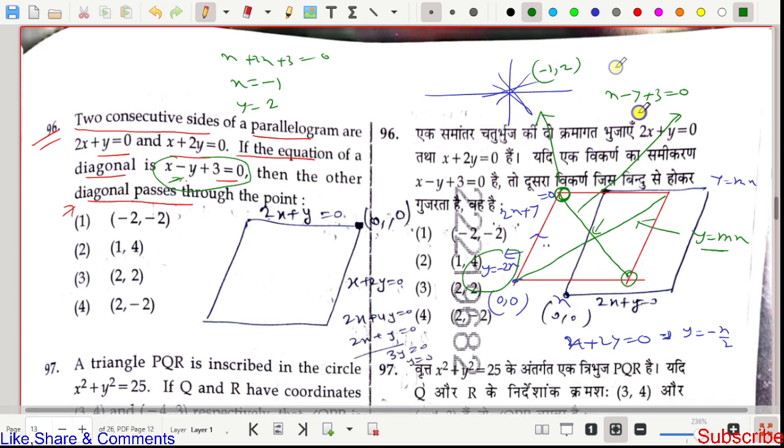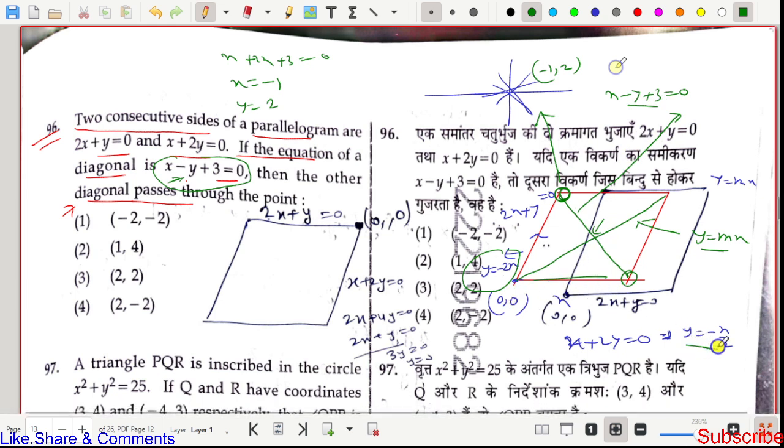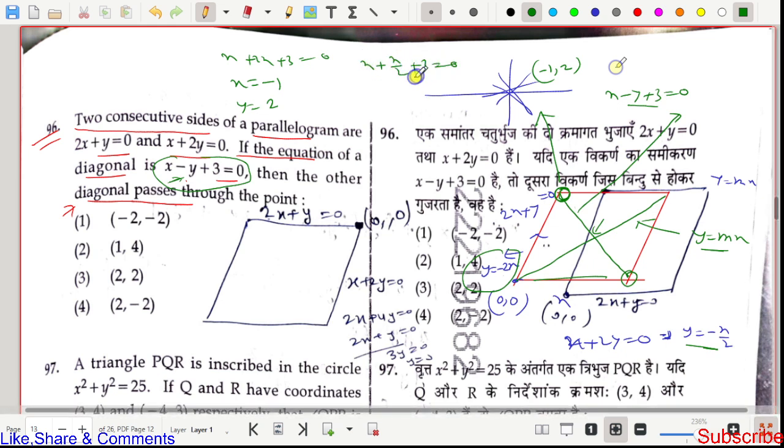Finding the other point, similarly, this line is x minus y plus 3, and the other line equation is y equals to minus x by 2, just substituting here. So x plus x by 2 plus 3 equals to 0. So 3x by 2 equals to minus 3, the 2 cancels, the 3 cancels out, so x equals to minus 2. So y will be 1. Clear?